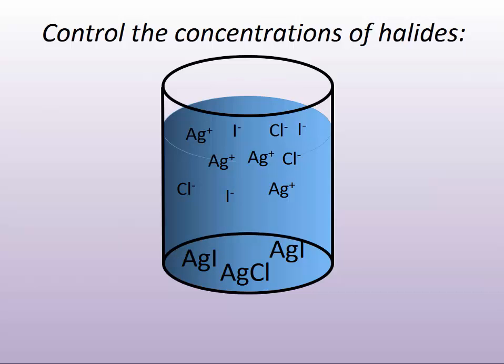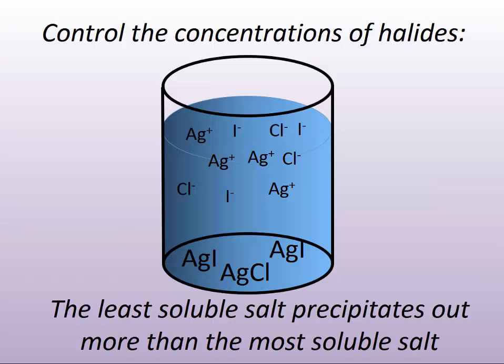How you control that is a lot more complicated than what I'm describing, but it makes intuitive sense that the least soluble salt, the iodide, is going to precipitate out more than the most soluble silver halide, which is the chloride. And so if I adjust the proportions, I'm going to adjust the amount of each species in an emulsion solution. This translates into different sensitivities, both to exposure intensity as well as to the wavelength of light that hits the light-sensitive material.